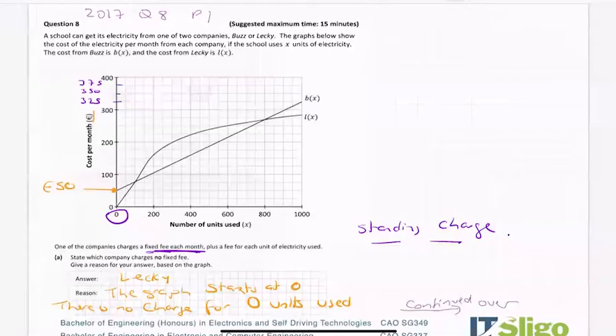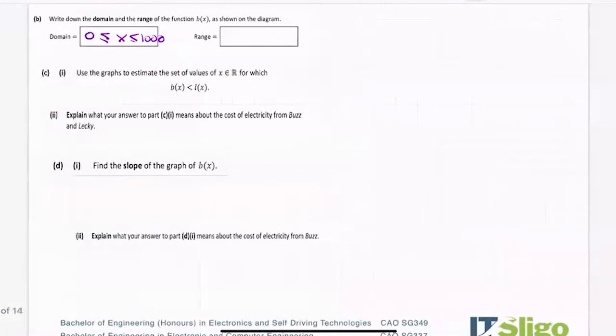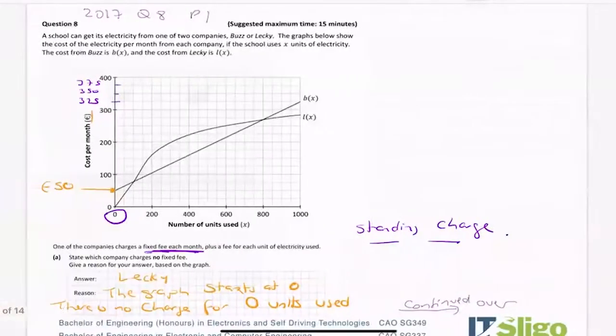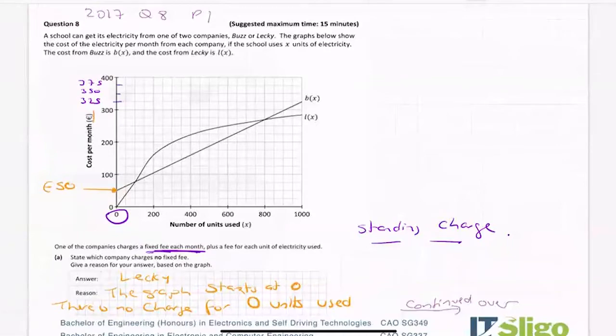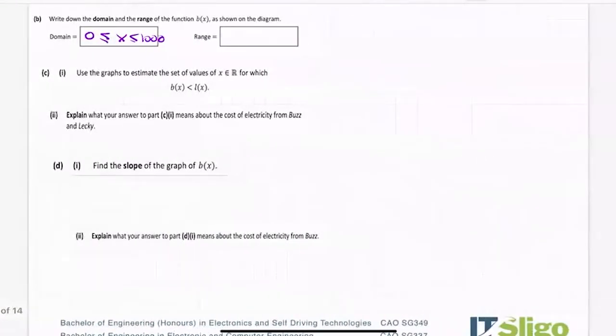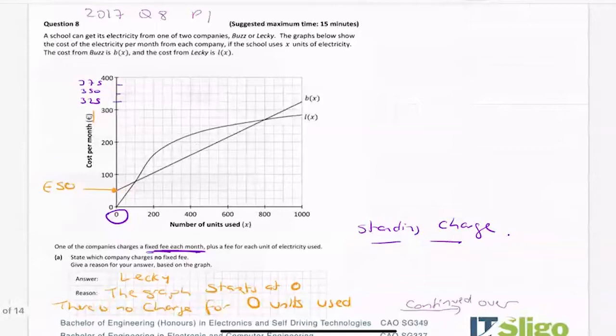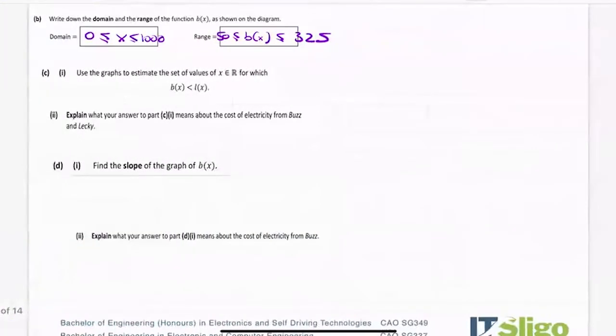That's how you figure out those intermediate values. So this comes across at 325, so it's from 50 to 325. Our range, our outputs, B of x, lies between 50 and 325. Yeah, I did do the right one. I hope that makes sense.